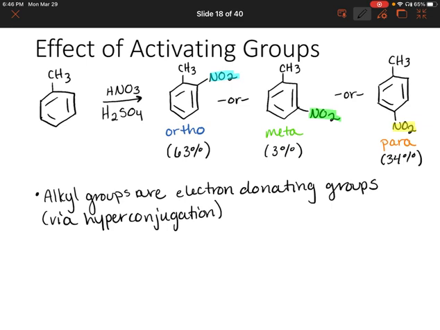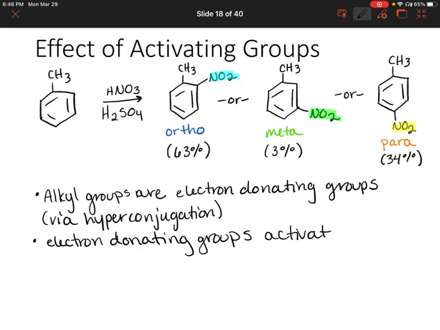All right, so because alkyl groups are electron donating groups, they are going to activate the benzene ring. So electron donating groups activate the ring.